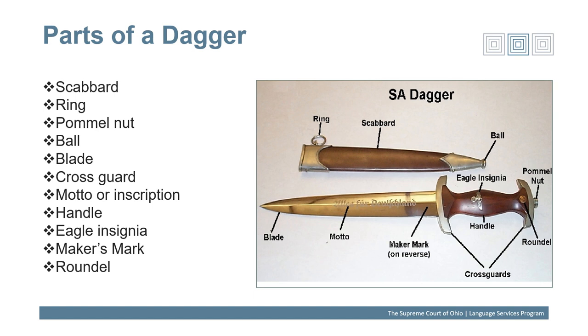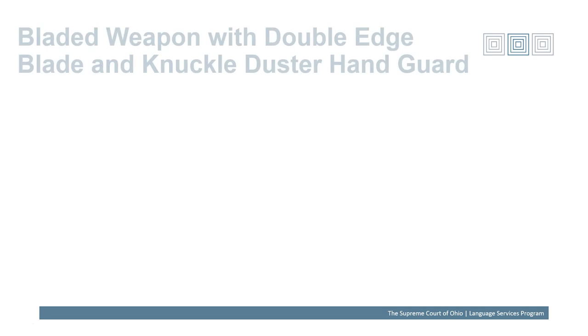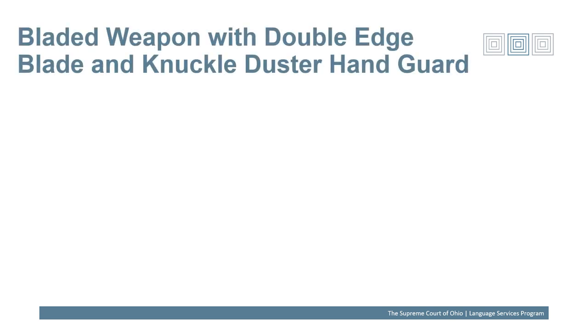There's usually a motto or an inscription on the blade. Handle. In the case of the dagger you will see coming up next, there's an eagle insignia, the maker's mark, and a roundel. Other dagger parts not shown are a rim and a ferrule.